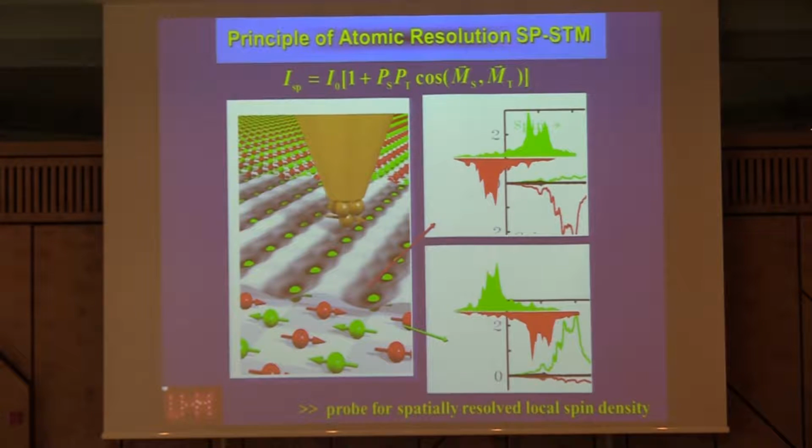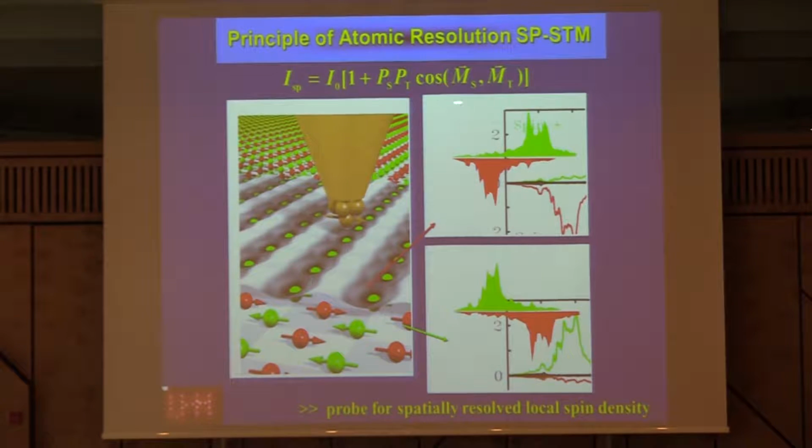Now, interestingly enough, this basic principle did not only work for nanoscale structures like these terraces, but you can really scale this down to the atomic level, which you can show if you have an in-plane antiferromagnetic structure, like, for instance, a single layer of either manganese or chromium, in this case on a tungsten 110 surface.